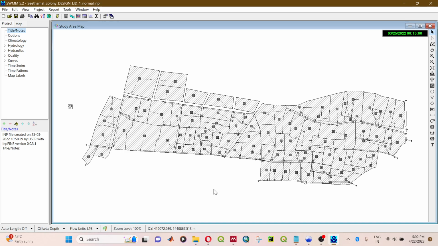This is one of the case studies which we made for an area in Chennai.